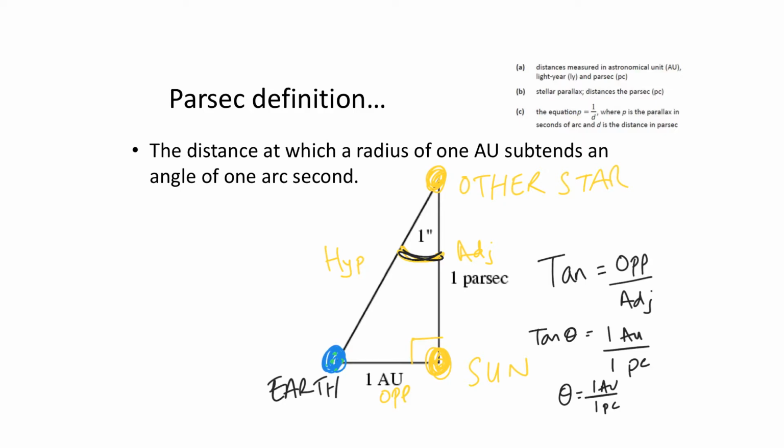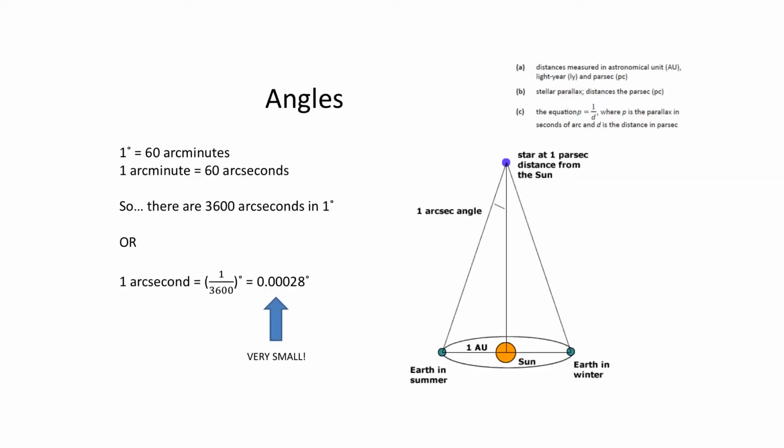But let's look at this again in a bit more detail, and let's add in the idea of finding out what on earth this arc second is. It's really useful to think of the idea of a clock, and a clock has 60 seconds, and then within each second is 60 minutes. Now, because of the distances that are so large between our sun and a distant star, this angle has got to be really, really small.